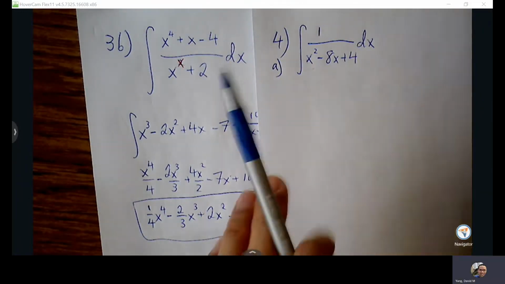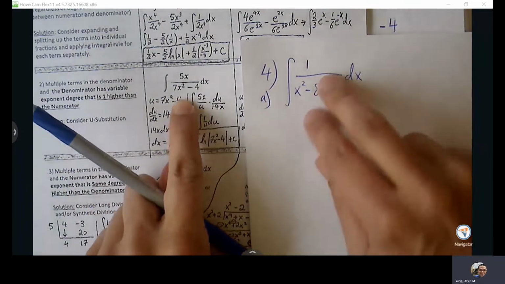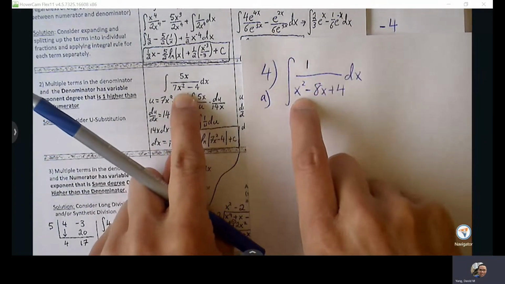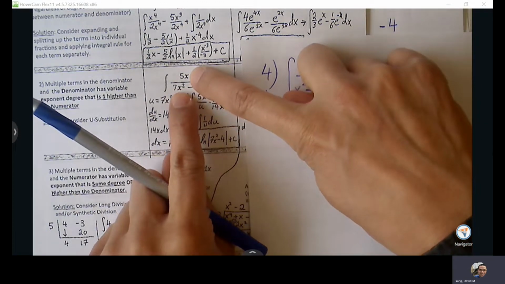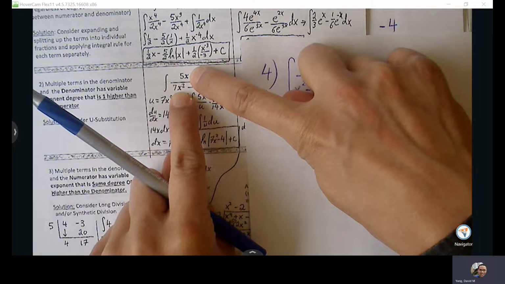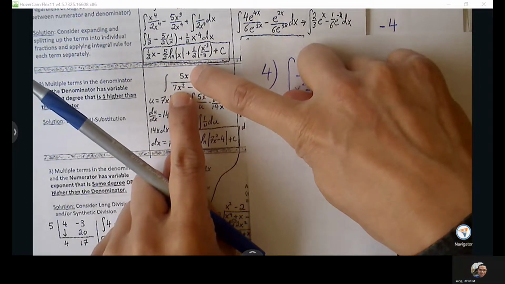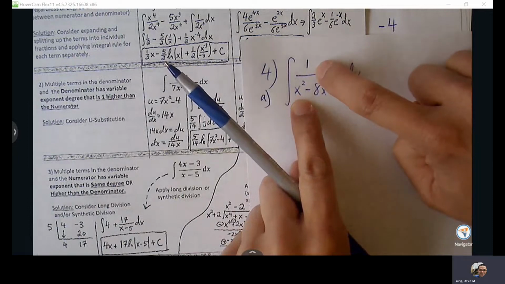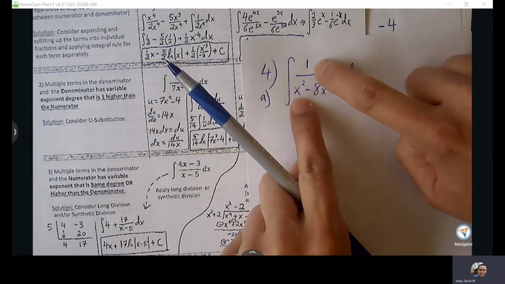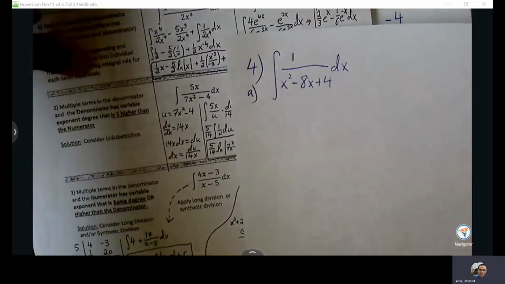And also compared to 2a, the higher degree is in the denominator, but this is only a 1 degree difference. So we always want to explore u substitution. But here, that degree is too big, right? X squared versus x to the 0 power. So we have to consider arc trig.